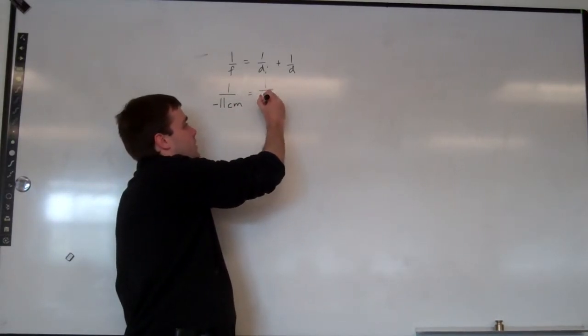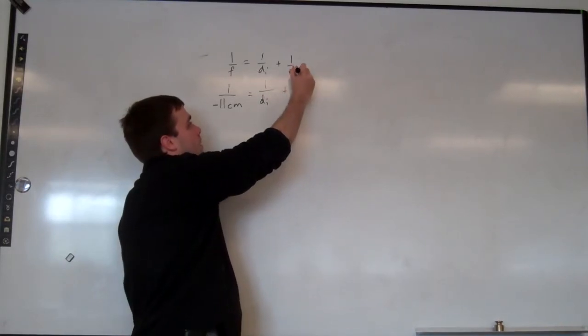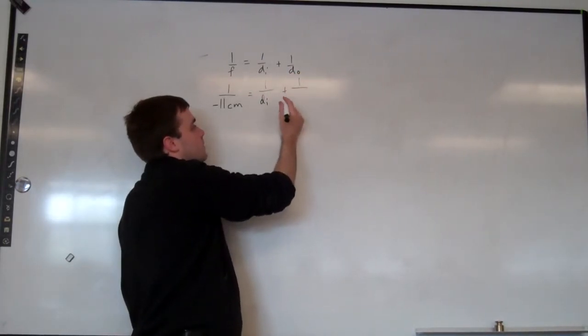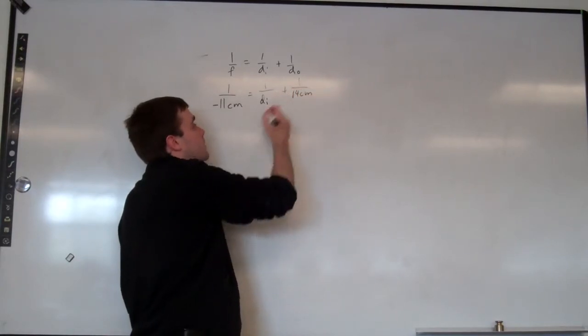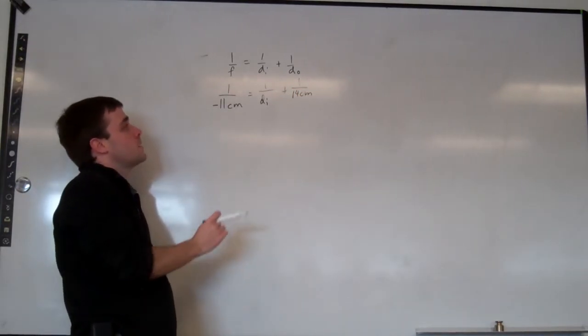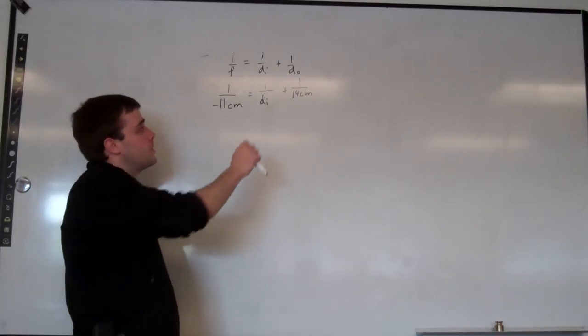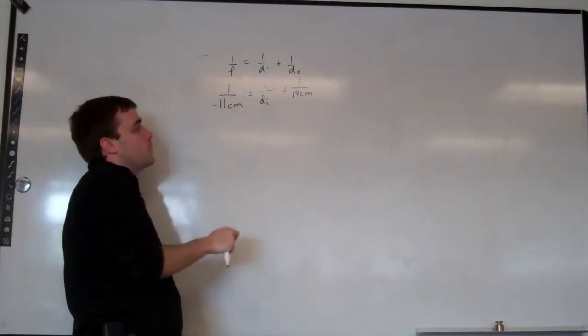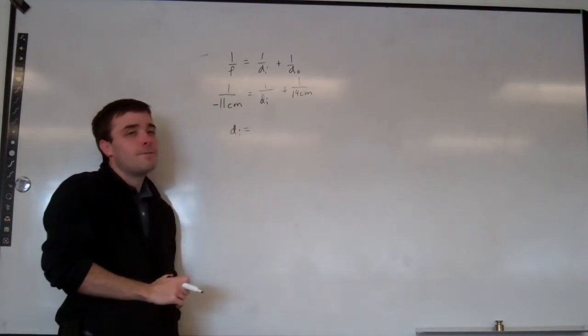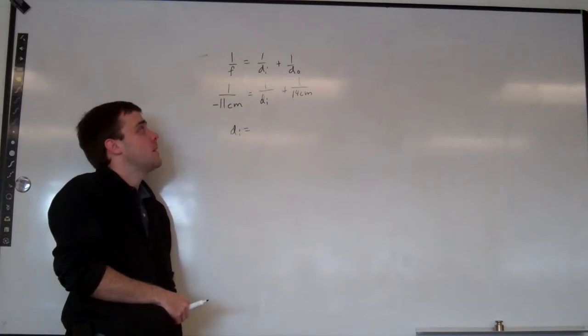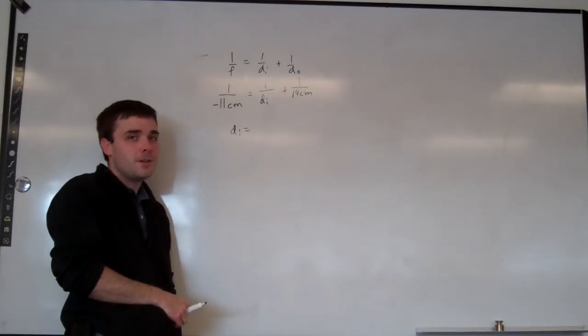We're looking for our image distance. And what is our object distance? 14 centimeters. Alright, so now subtract 1 over 14 from negative 1 over 11 and solve for di. Is there ever a way that the image distance could be positive for a diverging lens?